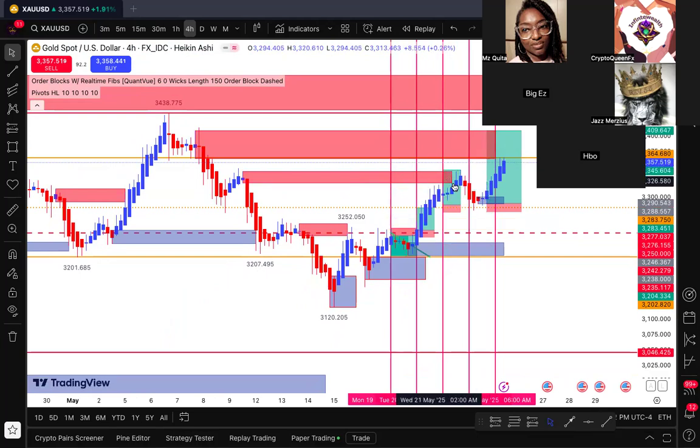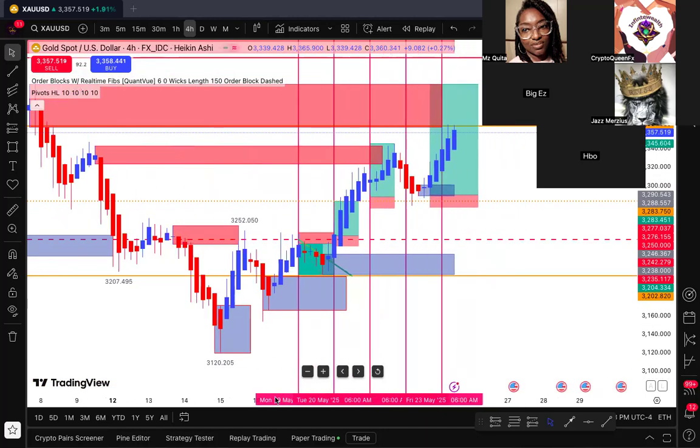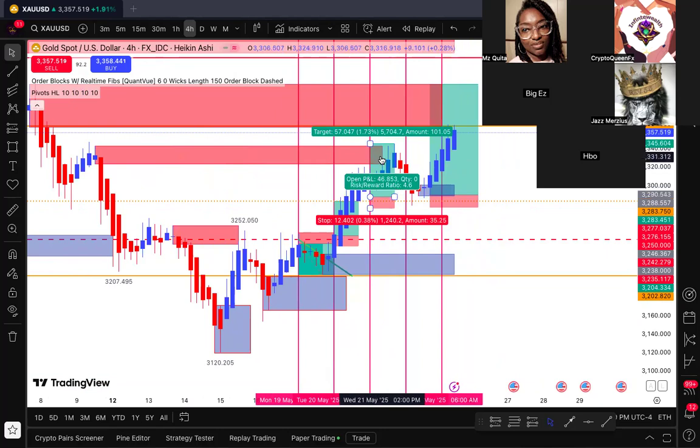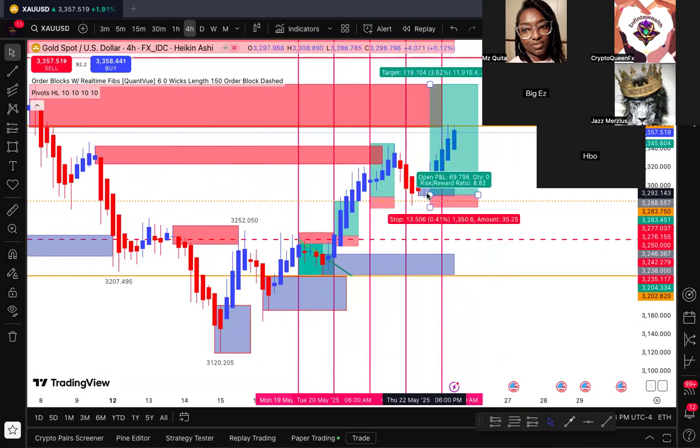This order block is where you seen it rejecting here. This is where we took it to, because I knew it was gonna reject once it got into this order block, got into this area. That's why this was the take profit here, because when it got into here, I said it was gonna pull back. It did pull back for a day, and then it bought from the midweek area.